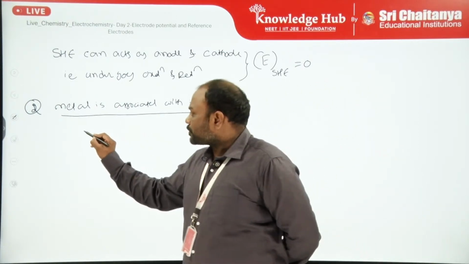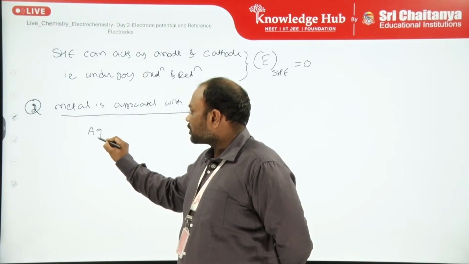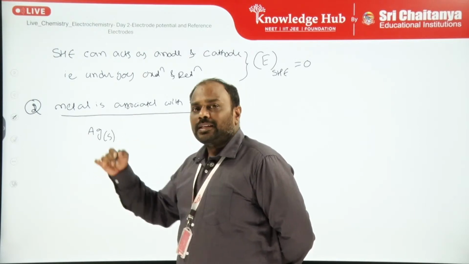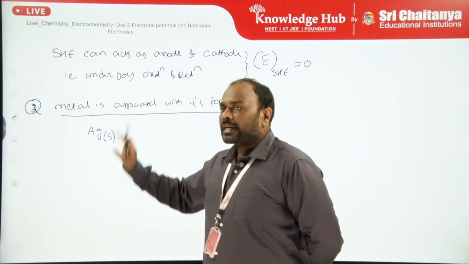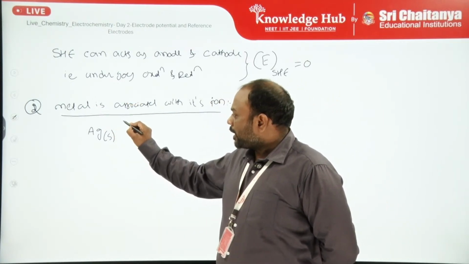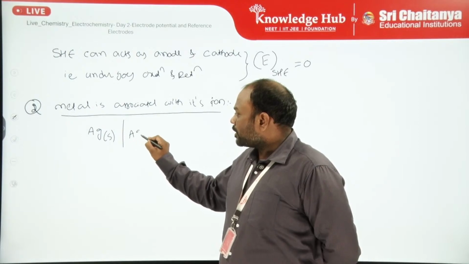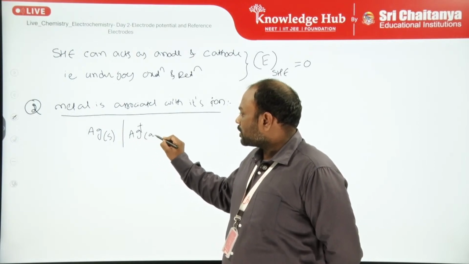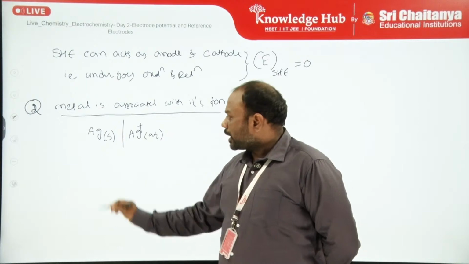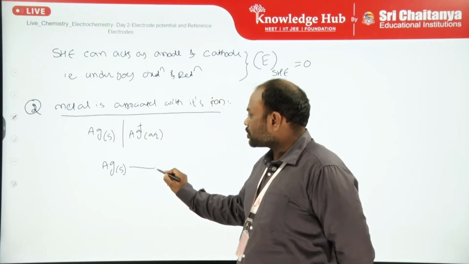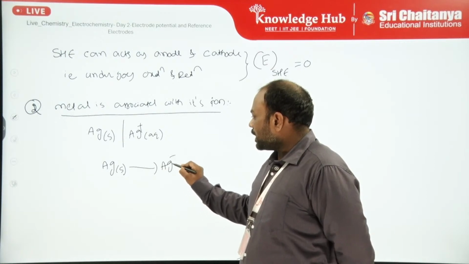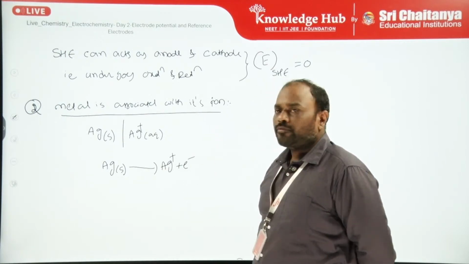Suppose you take silver placed in a silver solution, silver nitrate like that, then it is also acting as a reference electrode. So what happened here? Ag solid turns to Ag plus aqueous by losing electrons.